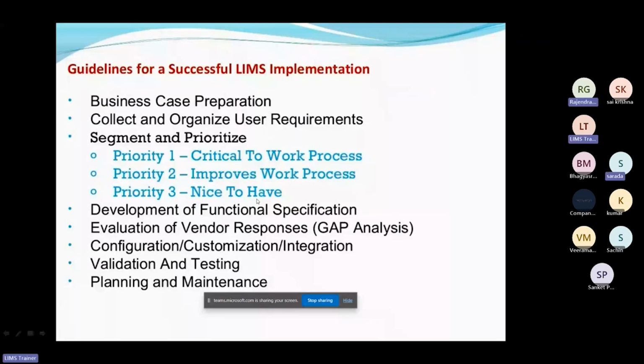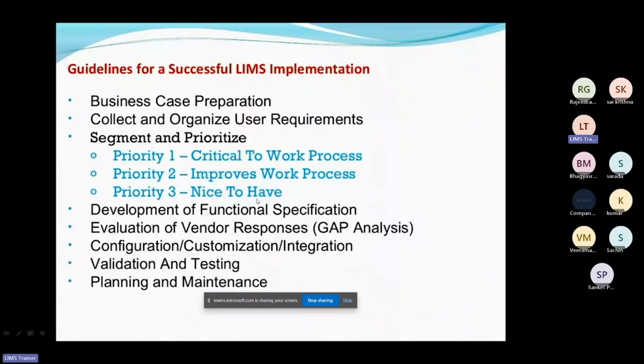I will explain. The functional specification covers the functionalities related to all the activities in the laboratory. We need to make them like the standard operating procedure and standard testing procedure, and all the documents generated in a laboratory.